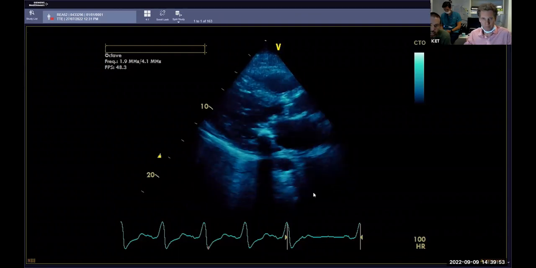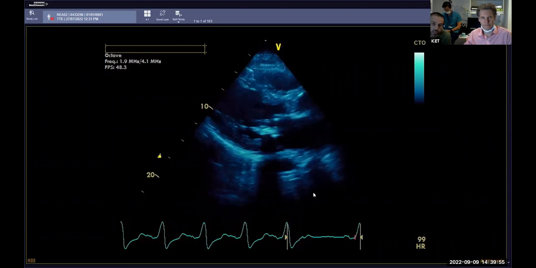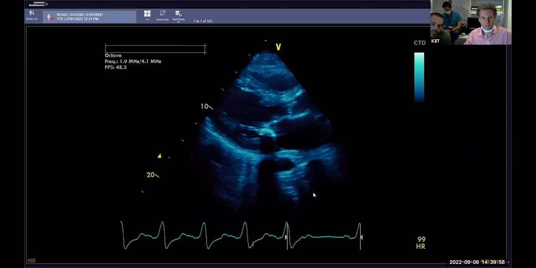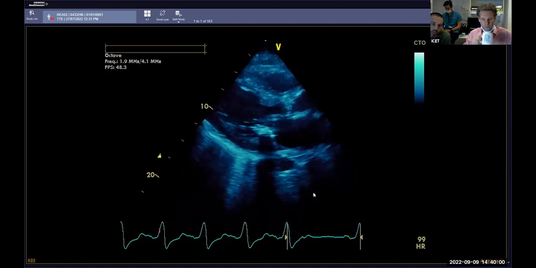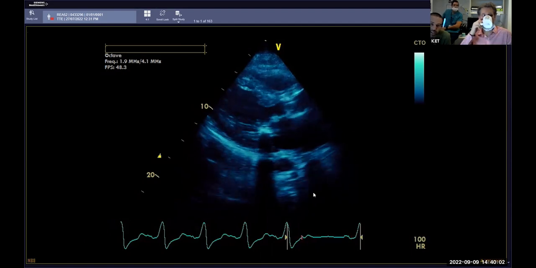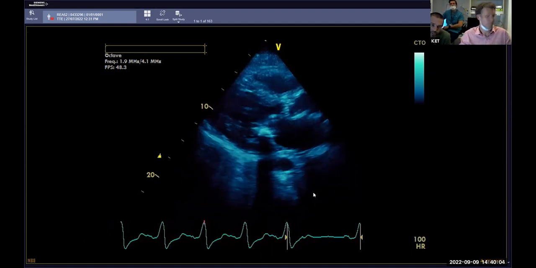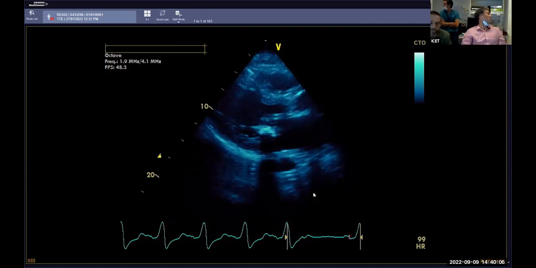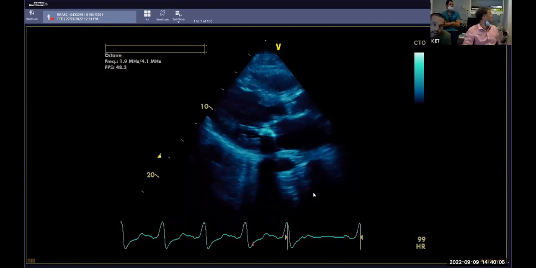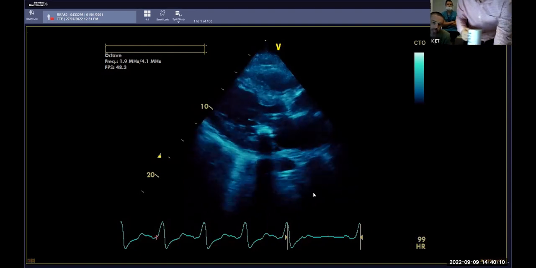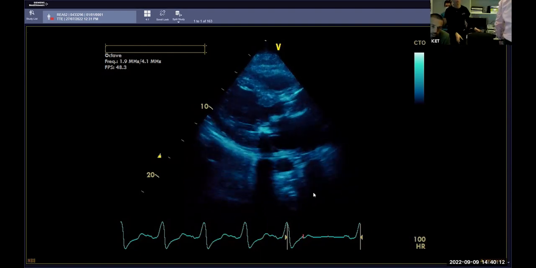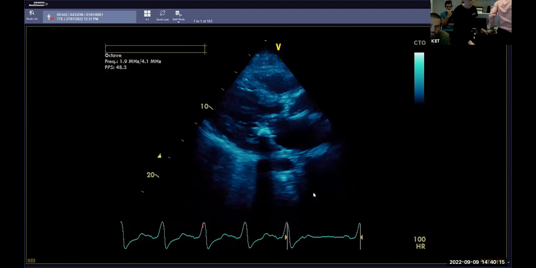So on my parasternal axis, it's a reasonable quality image. There's some calcification around the aortic valve. We mentioned she was hypotensive. So just off the top here, I'm worried about the extent of calcification around the aortic valve, around the mitral valve. In terms of contractile function, oh, yes.